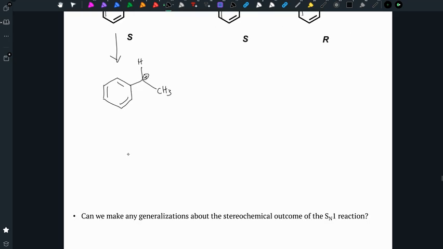So really, I have my carbocation that looks like this. It's got an empty p orbital. And now my nucleophile can attack from above or below.